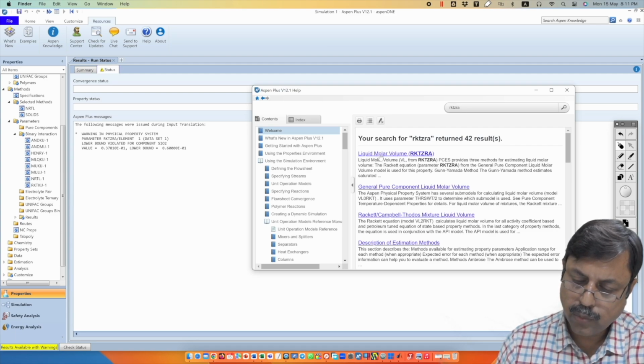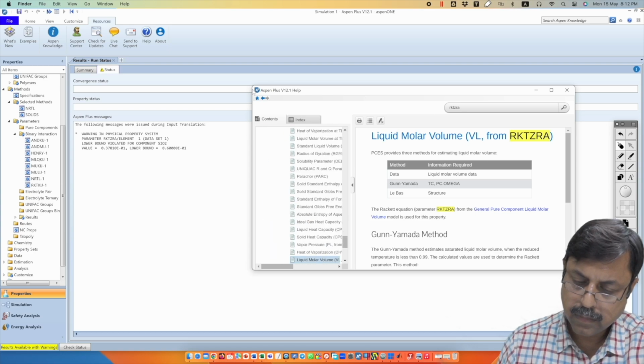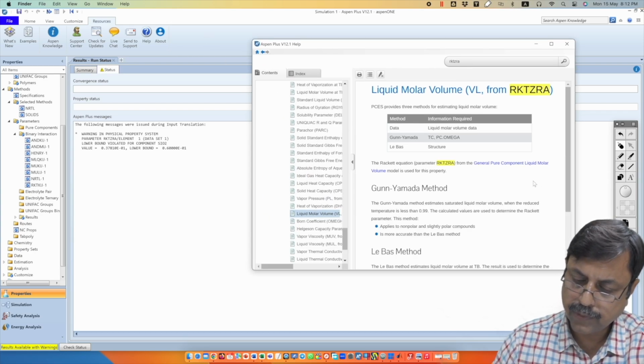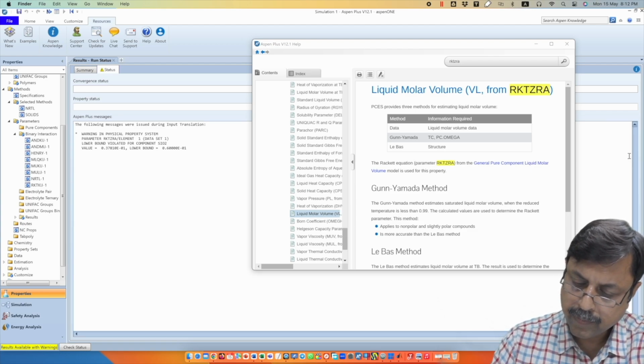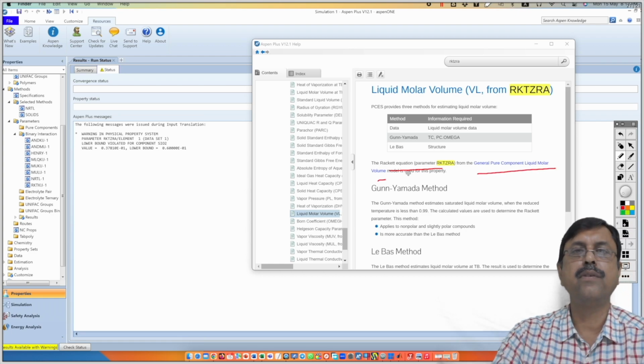So it is liquid molar volume. It is liquid molar volume. So it says it is Rackett equation parameter RKTZRA for the general pure component liquid molar volume.